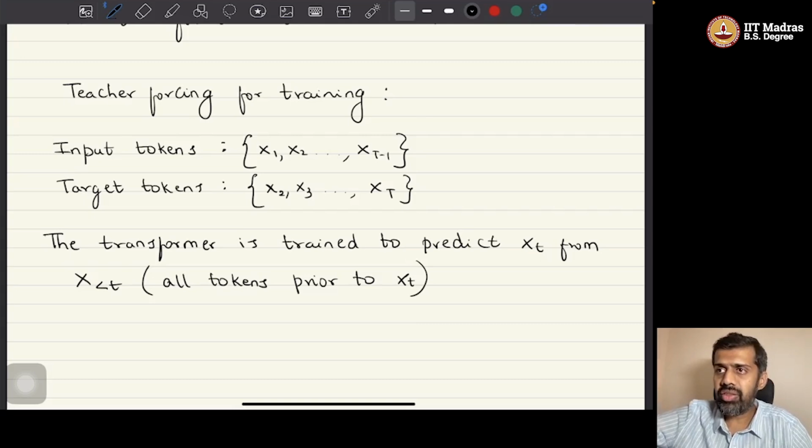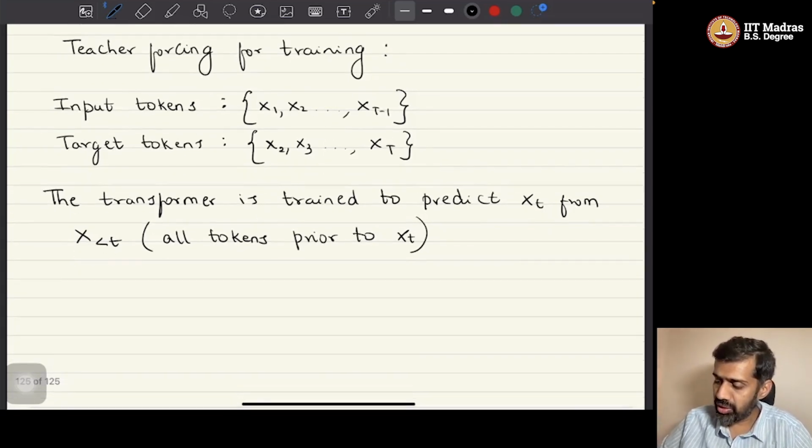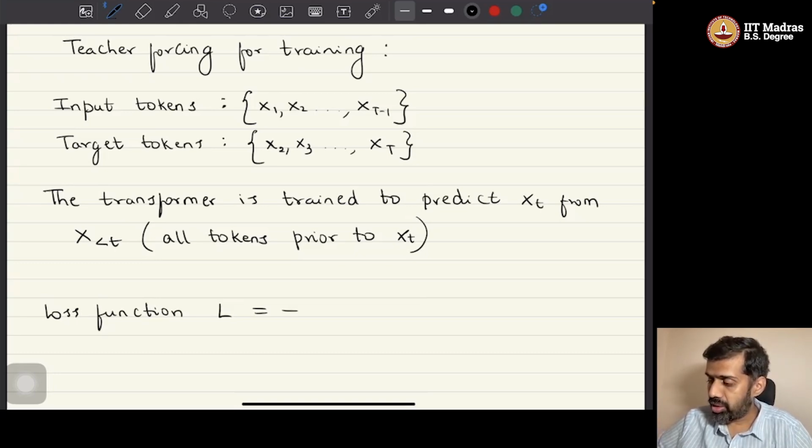So now how do we define the loss function? The loss function L is simply equal to the negative log of the sum over t equal to 1 to capital T. We'll take it to be log of y hat computed at t for xt.